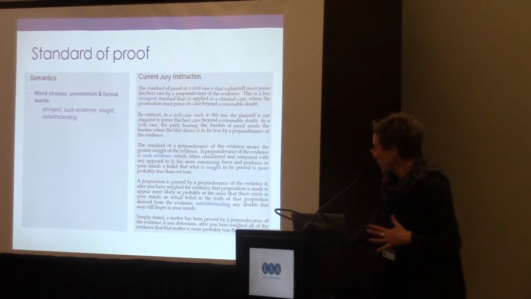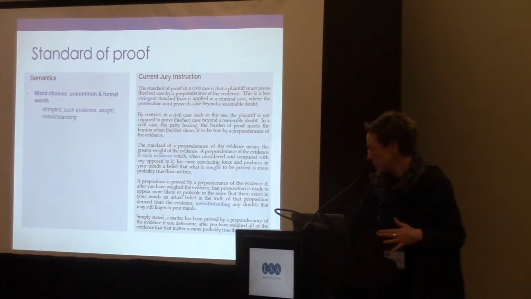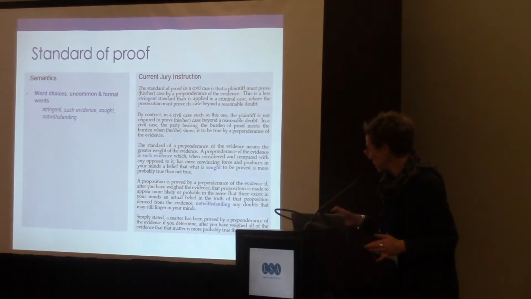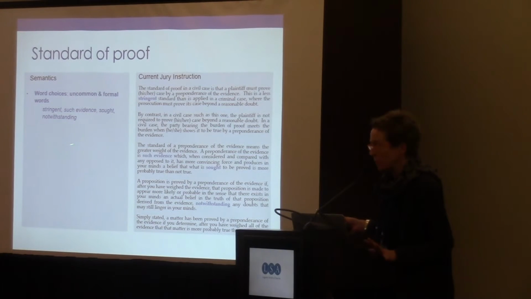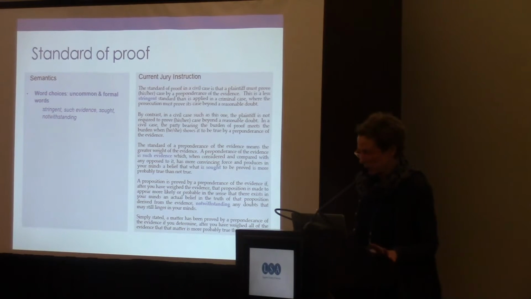What you can see in the pale blue are these uncommon words, these very rare formal words like stringent and sought and notwithstanding. There are several of those in this current jury instruction.